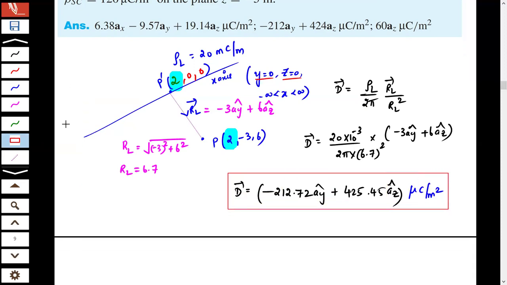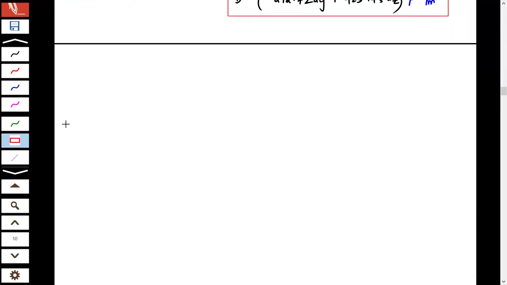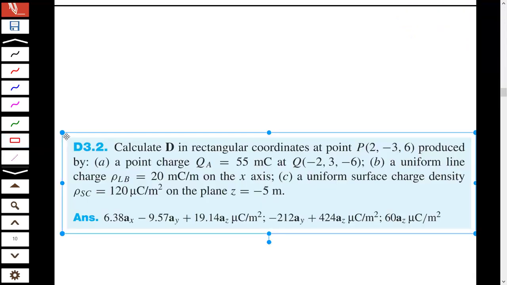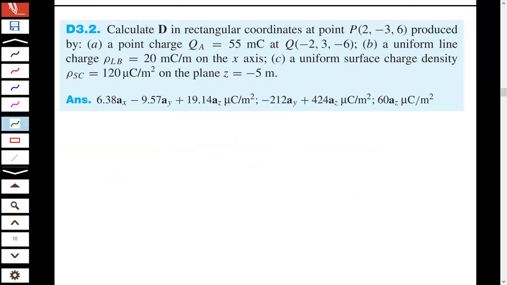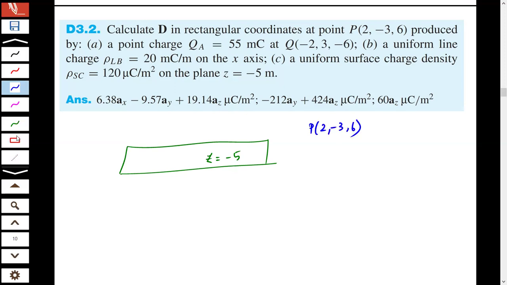And the last thing we have to do is for the surface charge. So let us try to understand where the surface charge is located and find the flux density. The surface charge is located on the z equal to minus 5 plane, and the point P has the coordinates (2, -3, 6).